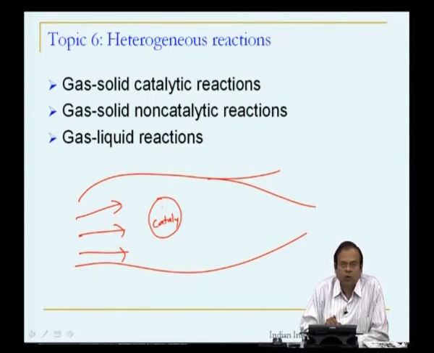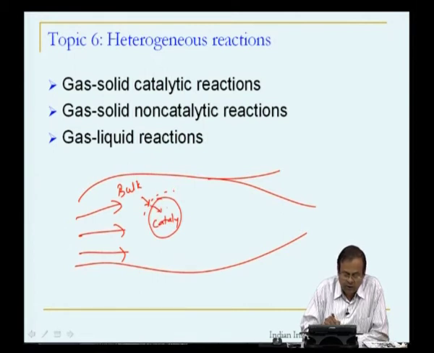You will recall we talked about external transfer, that is from the bulk to the surface. We also said there is a boundary layer, we will talk about that in a minute. Then from surface to inside the catalyst, then your chemical reaction, then again diffusion backward into the bulk.